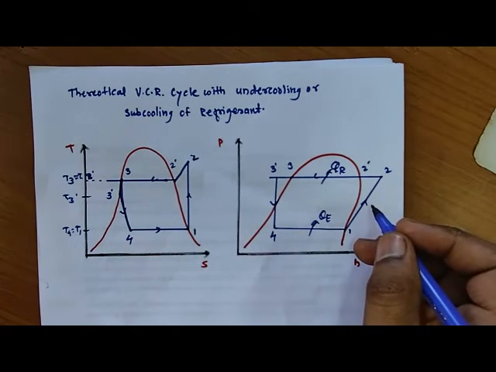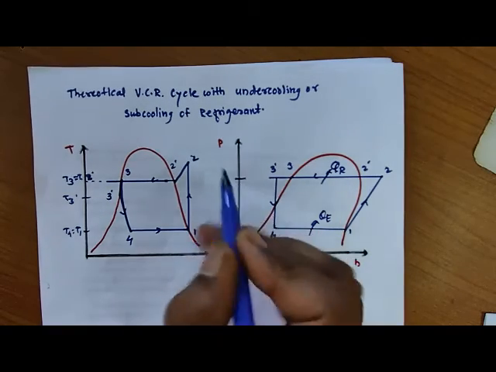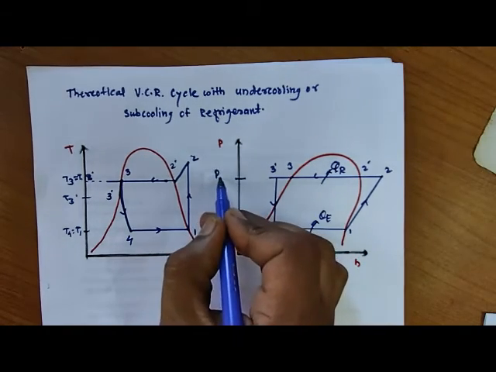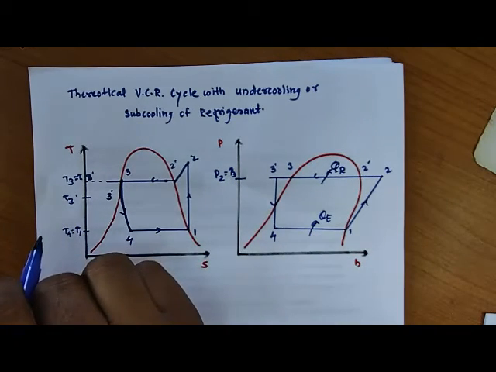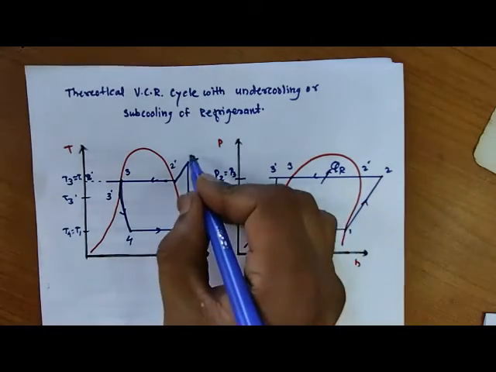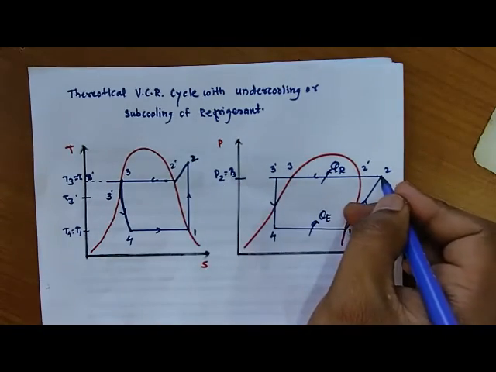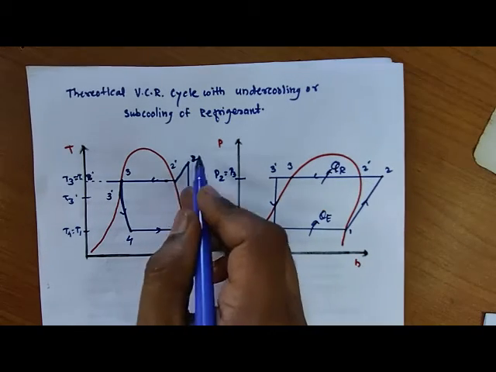But in the condensation process, condensation takes place at constant pressure and constant temperature. But first, when the superheating condition is considered, at constant pressure the temperature of the vapor will be reduced.